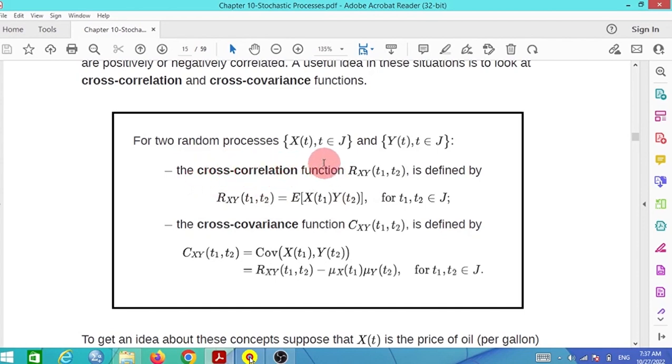Next, the definition of the cross covariance function, denoted by C_xy at two points, is defined as the covariance of x(t1) and y(t2), given by the cross correlation function minus the product of the two expected values of random process x and random process y.